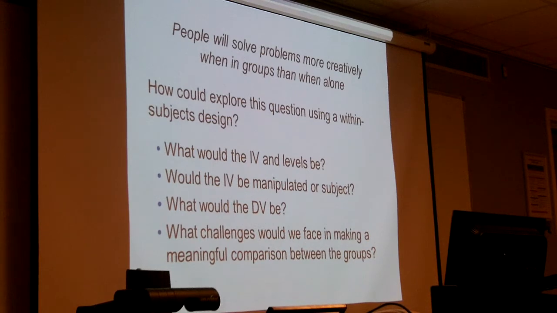It can be, but in some ways it's easier because, again, we've got the same group of subjects experiencing all the different conditions. So I only need to get one group of people to do my study, and I don't have to worry about the groups being made up of different types of people. Individual differences, I don't have to worry about anymore because everybody's exactly the same. It's the same 25 people in every condition.